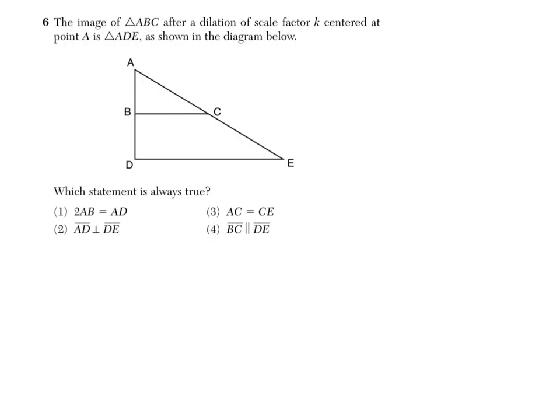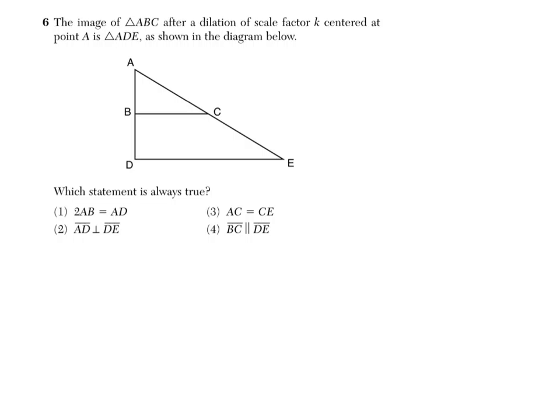For choice 1, if we double line segment AB, that's equal to AD, well, that's obviously not true because we don't know what the scale factor is, so we can't say that it's double that. So it all depends on the scale factor. AD is perpendicular to DE, that's plausible.